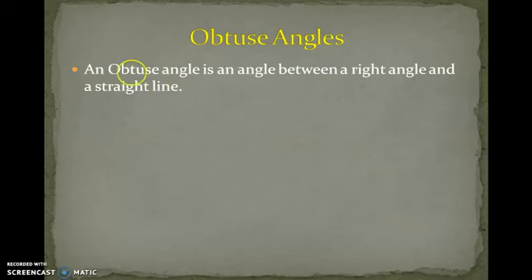But an obtuse angle is that angle that is greater than a right angle but not up to a straight line. So this angle falls between a right angle and a straight line. So any angle between a right angle and a straight line is referred to as an obtuse angle.